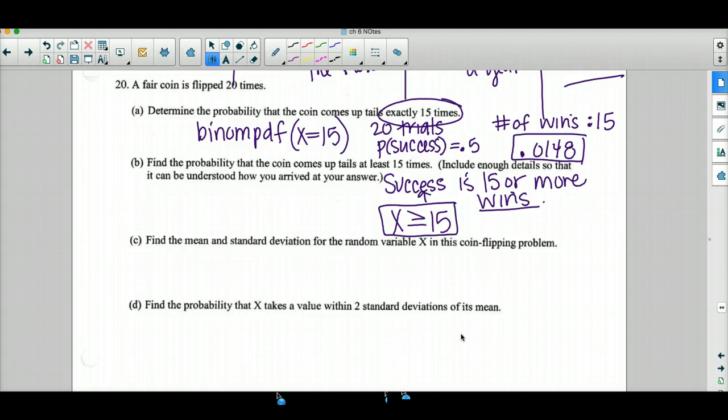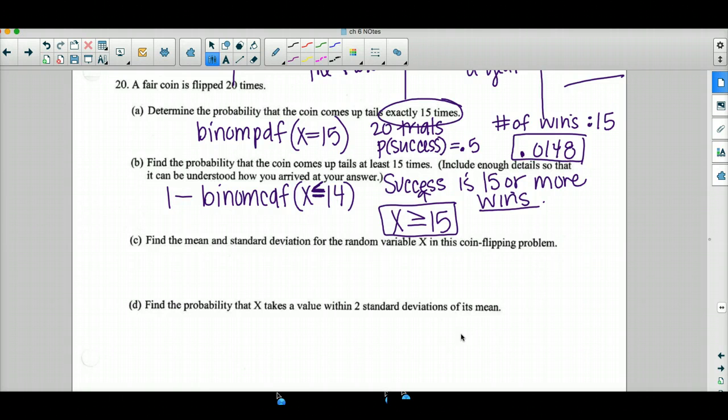How am I going to do this with the binomial when it only works on less than? 1 minus binom CDF of x equals what? 14, because if 15 is a winner, don't subtract away 15. Subtract away 14. Oh, less than, yes, because it's a CDF. It's less than or equal to. Thank you. I did write that wrong.